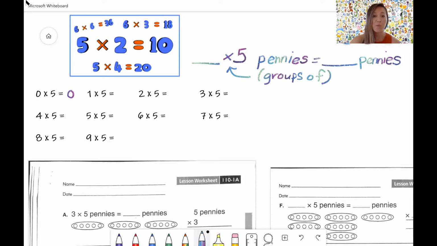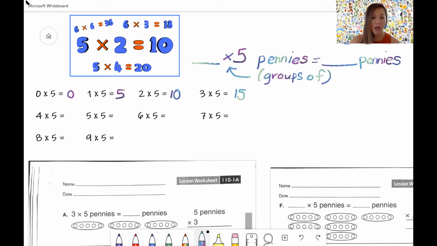There's only one group of them, so 1 times 5 is 5. 2 times 5 is 2 groups of 5 pennies, which makes 10 pennies. 2 times 5 equals 10. If you have 3 times 5, that just means you have 3 groups of 5 pennies, which means you have 15.